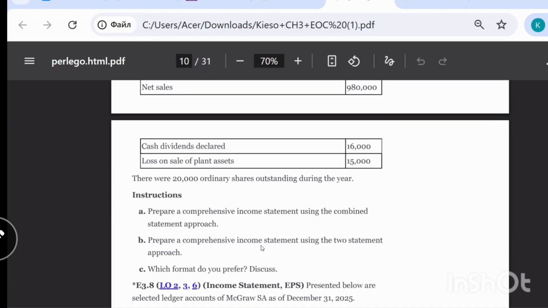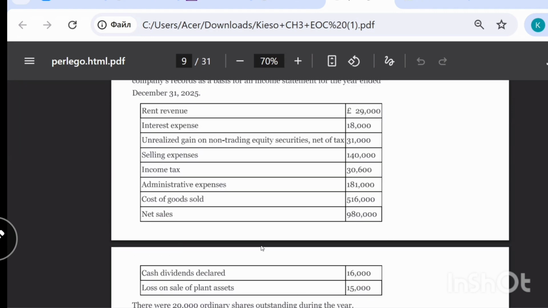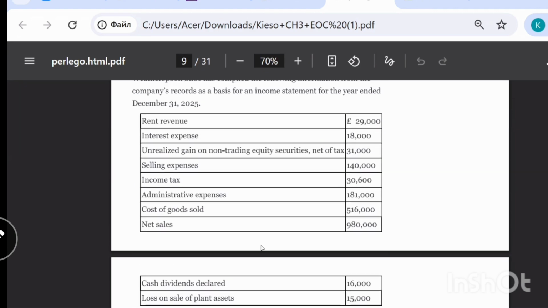A combined comprehensive income statement consists of revenue, costs, and a detailed explanation of all expenses. For example, in our case, it might be selling expenses, operating expenses, other income, other expenses, and so on.